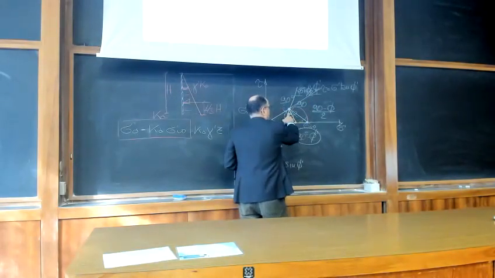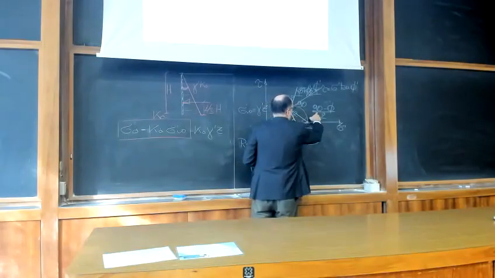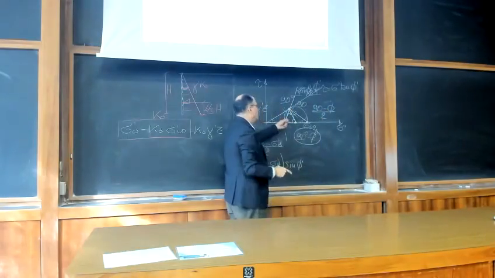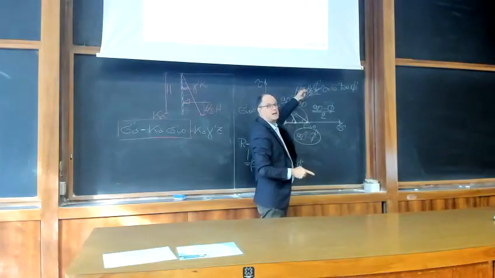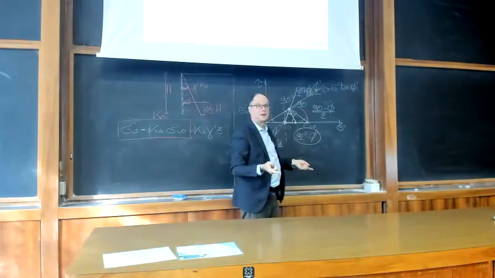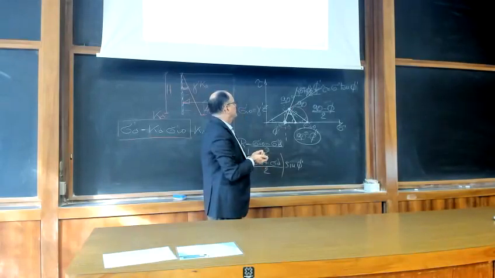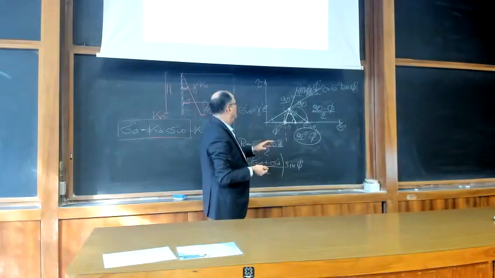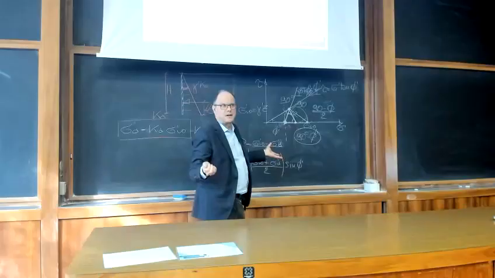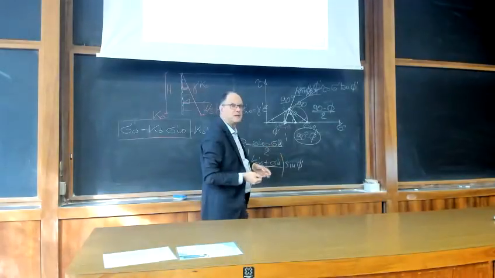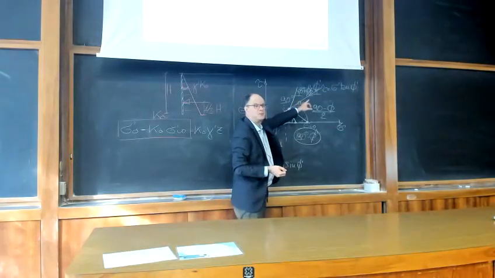Now, if this is 90 and this is 90 minus phi divided by 2, this is 45 plus phi divided by 2, because the sum must be 180. Okay? Or you can just believe me that this is 45 degrees plus phi divided by 2.